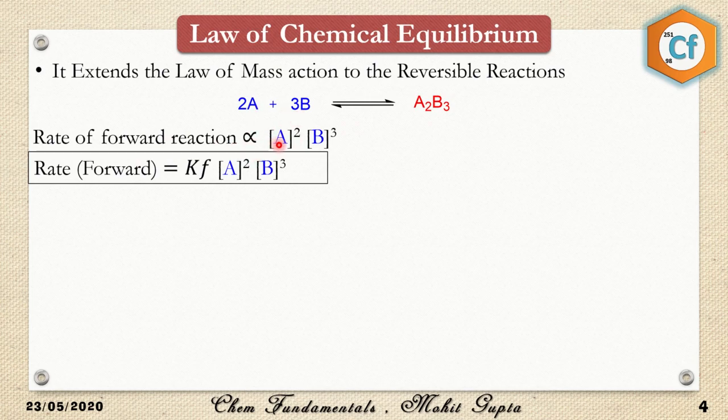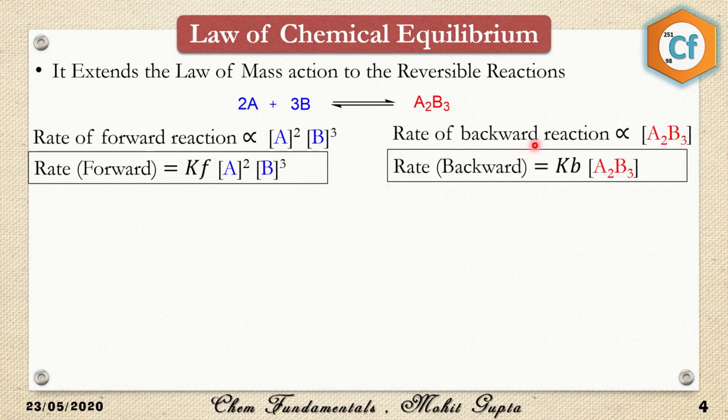So it is directly proportional to the concentration of A raised to power 2 and the concentration of B raised to power 3. Now in this case, rate equals Kf [A] raised to power 2 [B] raised to power 3. Here we have removed the proportionality sign and substituted it with an equals sign, and in order to do so we have to place a constant over here.